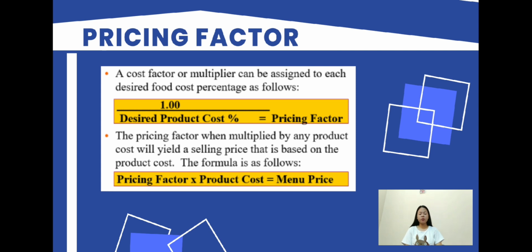The pricing factors when multiplied by any product will yield a selling price that is based on the product cost. The formula is as follows. Para po makuha yung menu price, ang gagamitin po nating formula ay pricing factors times product cost is equal to menu price.